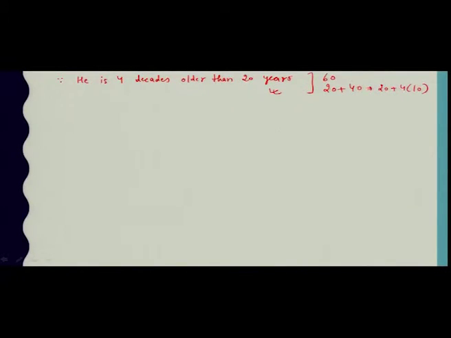So we can say that this particular person is 4 decades older than 20 years. So in this way the age correction will be 4 into 0.02, that will be equal to 0.08.